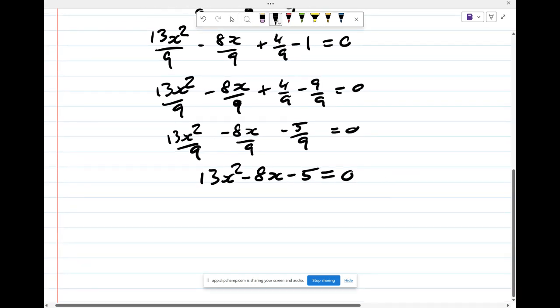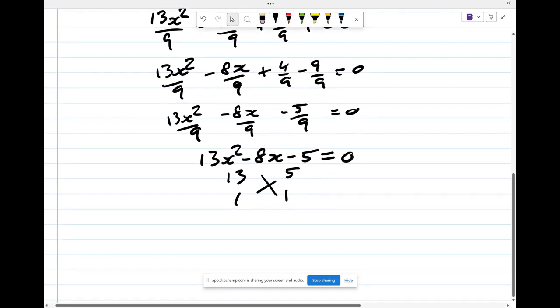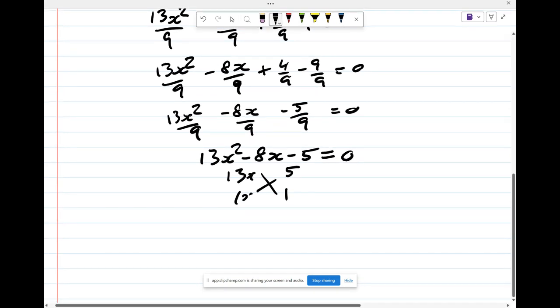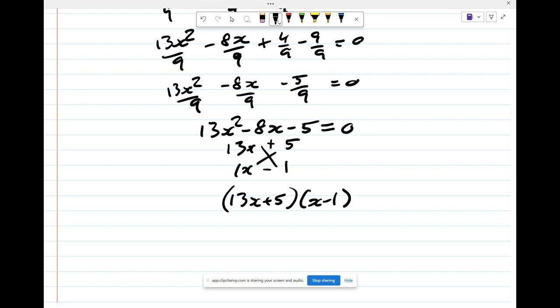Then we can factorize. So 13, 1, 5, 1. That's going to be 13x plus 5 times x minus 1.